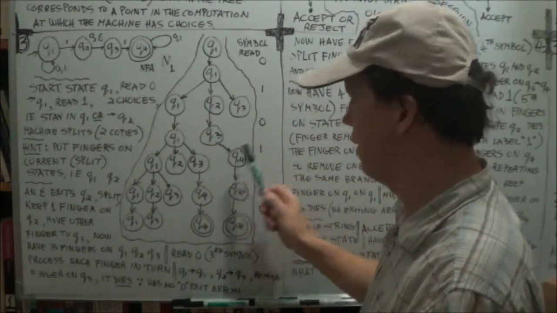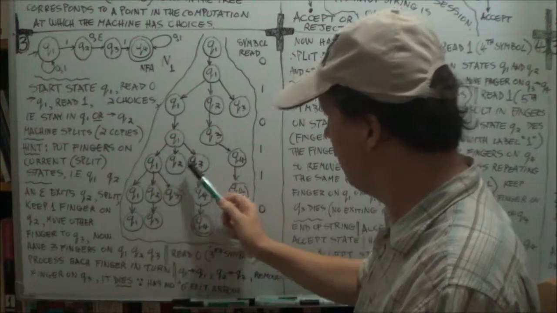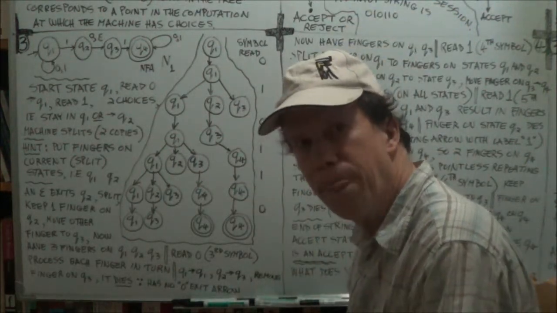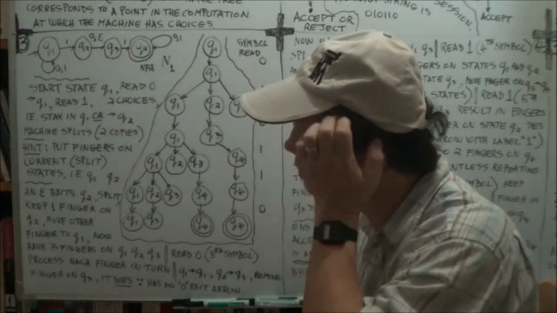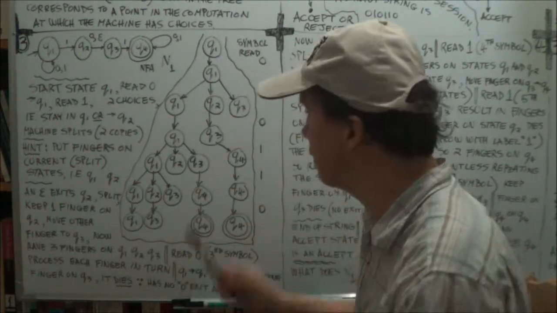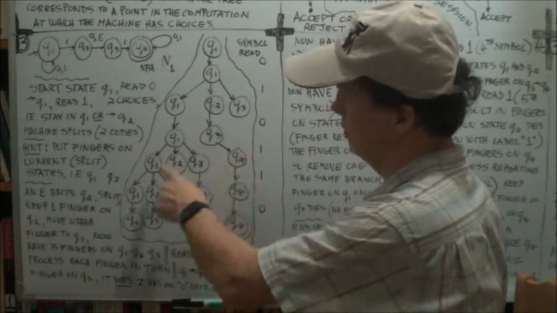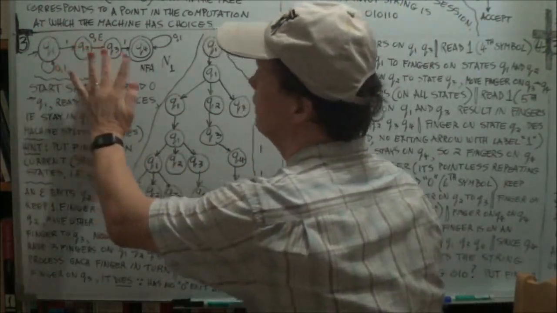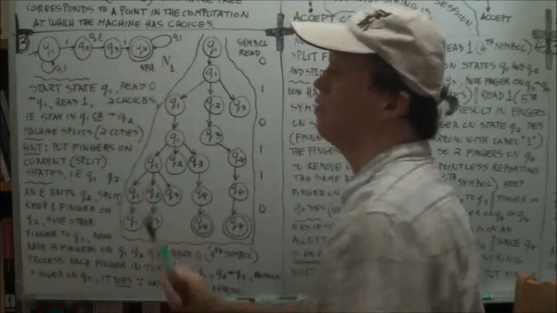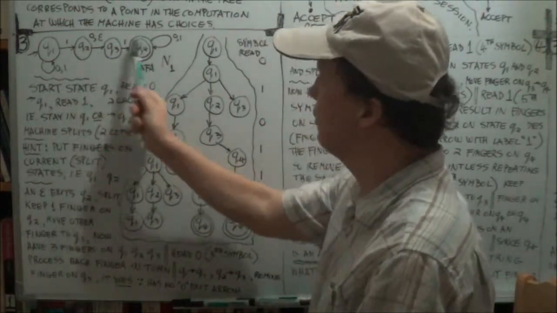So now you have 4 machines, all running independently in your processing. 1, 2, 3, 4, and all 4 states. You've pinned all 4 states.